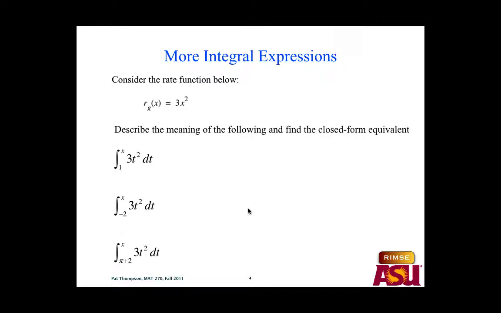All right, so if I had a rate of change function, the rate of change of function g, according to this, r sub g of x is 3x squared. What does g of x have to have in it in order for this to be its rate of change function? X cubed, right? Now, just as a side note, it could have some other things in there too.